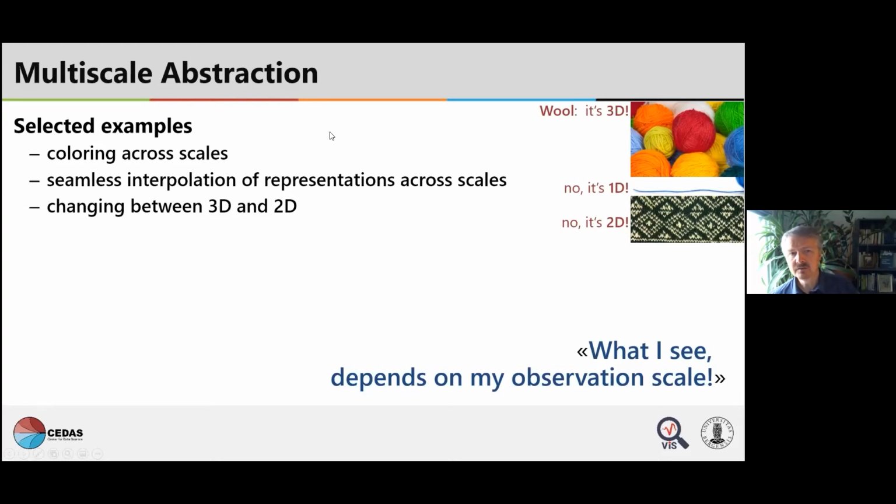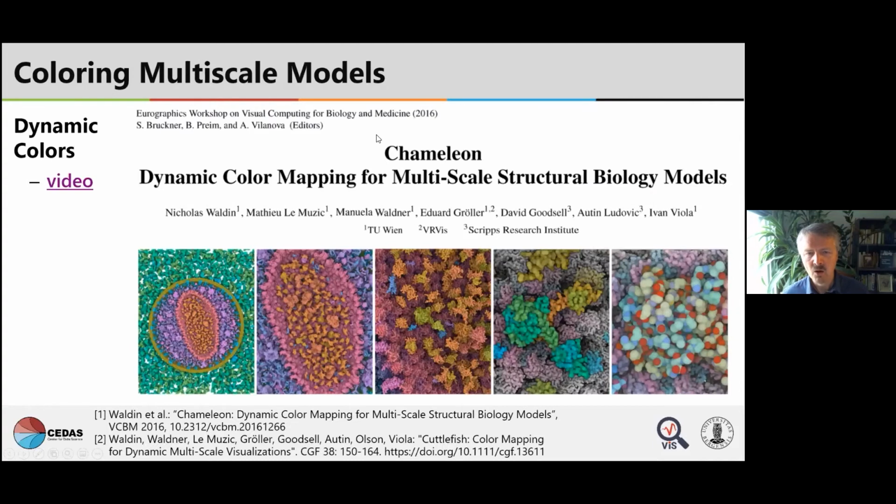And that leads to this notion of visual abstraction, where I need to choose the right level of abstraction for visualization. And here I show you just a few examples of works that fall, at least in my eyes, into that category. One that I really found very nice is also from Ivan Viola and colleagues, where they thought about optimizing color maps when doing multi-scale visualization.